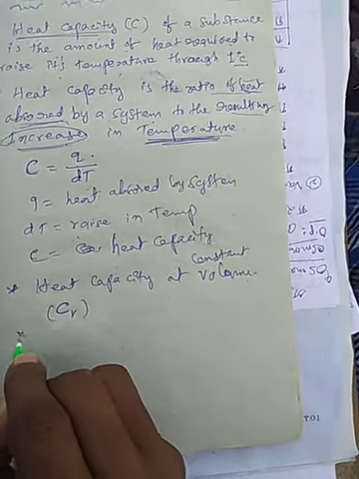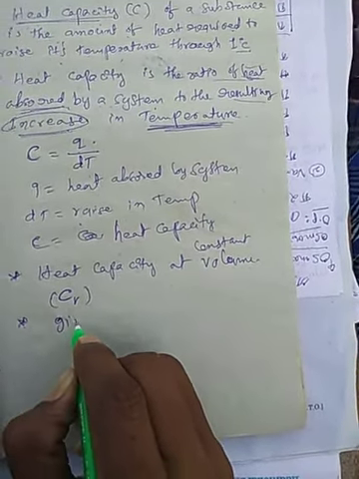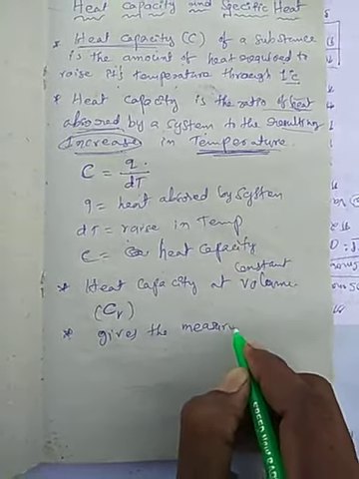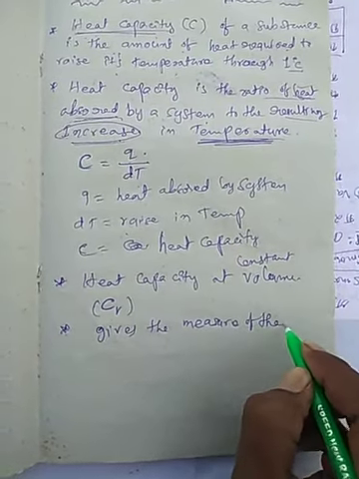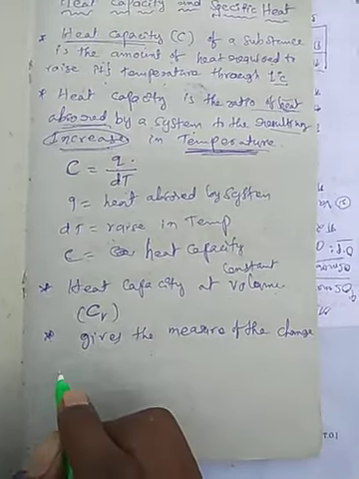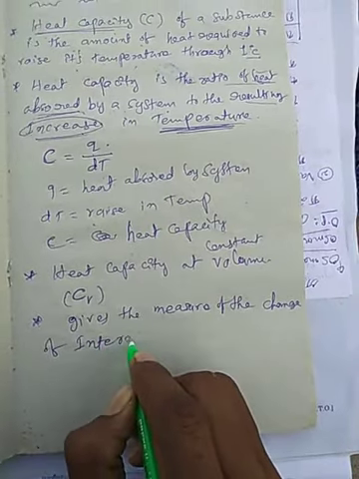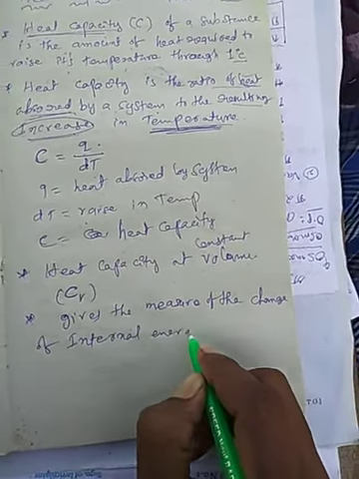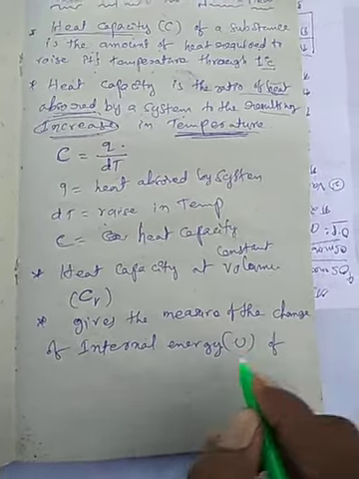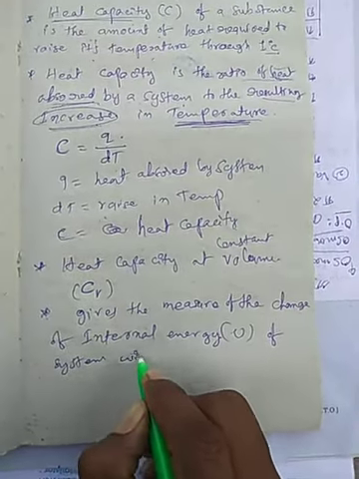Heat capacity at constant volume gives the measure of the change of internal energy, that is symbol U, of a system with temperature.